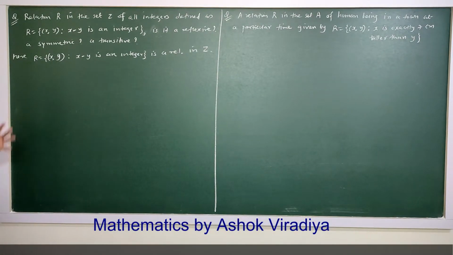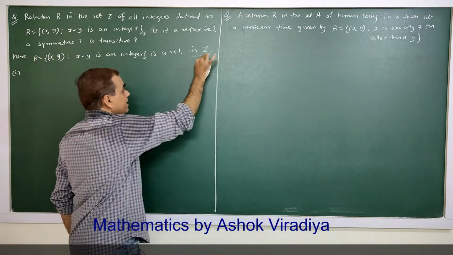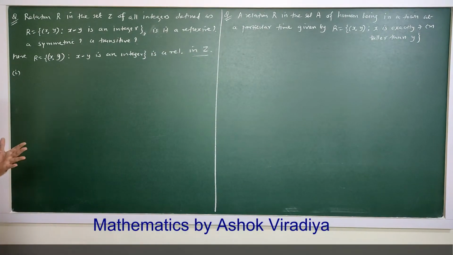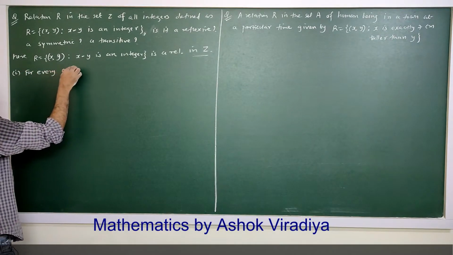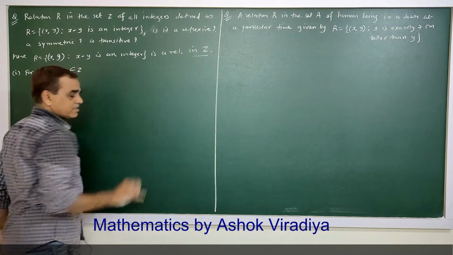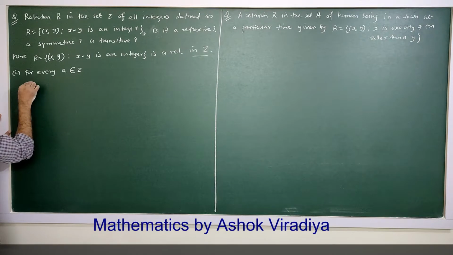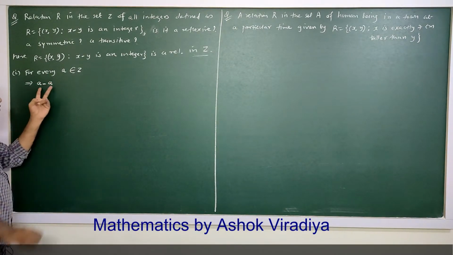Now we check the properties one by one. First property: to check reflexivity, we check for every element of the set on which the relation is defined. If we take any element A from Z, then A minus A is 0.